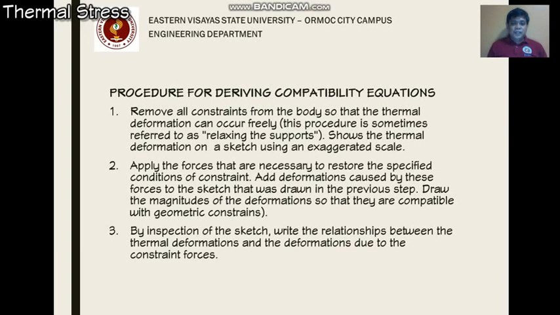The next step is to apply the forces that are necessary to restore the specified condition of constraint and show the deformations caused by these forces on the sketch that was drawn in the previous step. Draw the magnitudes of the deformations so that they are compatible with geometric constraints. And then by inspection of the sketch, write the relationships between the thermal deformations and the deformations due to the constraint forces.